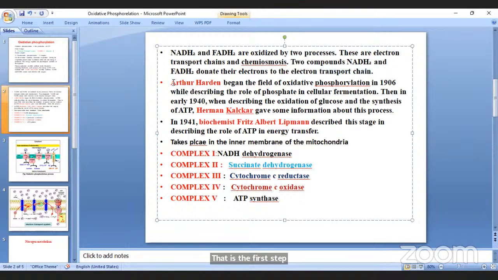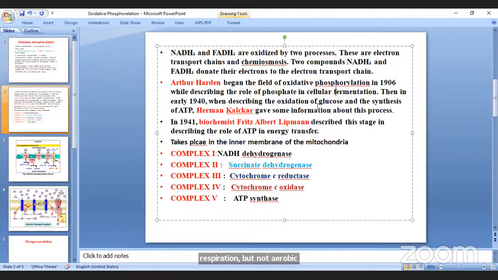And this process was discovered by Arthur Harden in 1906, while describing the role of phosphate in cellular fermentation. First of all, Arthur Harden found this in anaerobic respiration, but not aerobic.